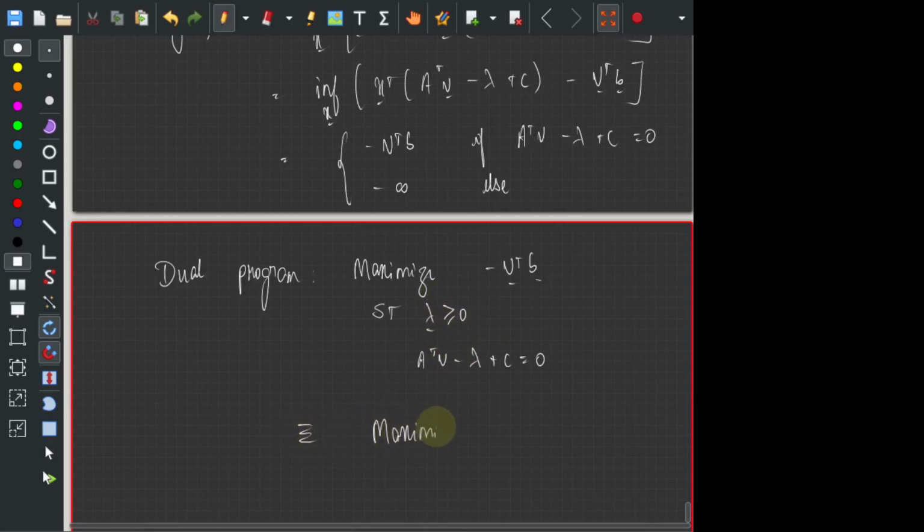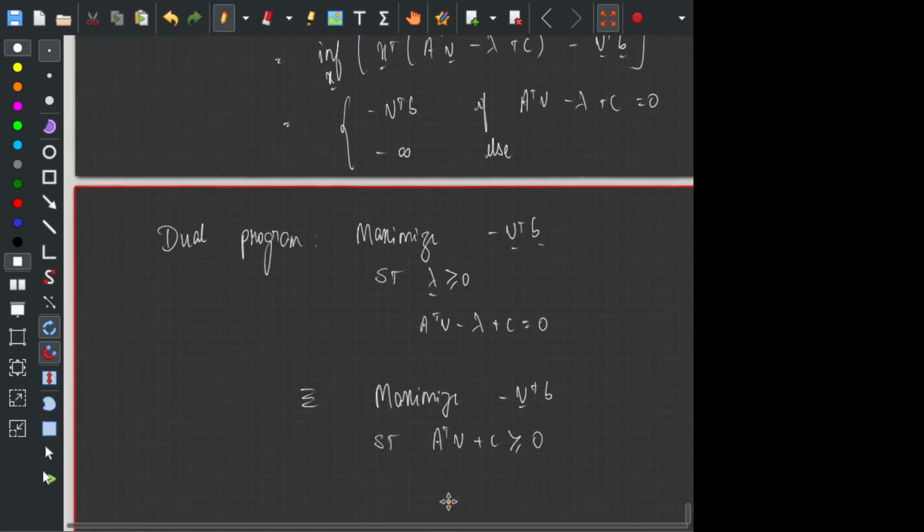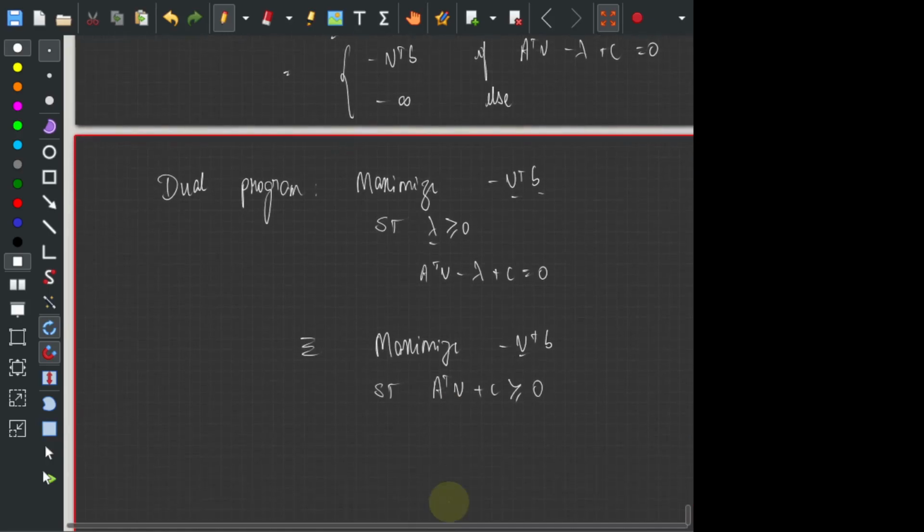So this is the same as maximizing minus v transpose b subject to the constraint that A transpose v plus c is greater than or equal to 0. So this is called the dual linear program.